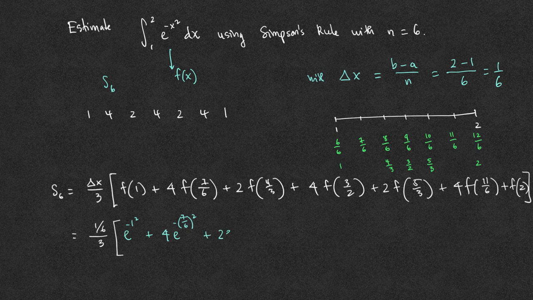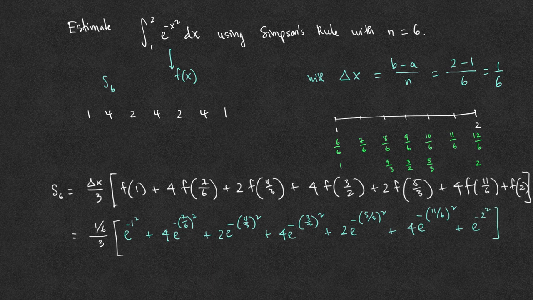Plus 2e to the negative 4 over 3 squared, plus 4e to the negative 3 over 2 squared, plus 2e to the negative 5 over 3 squared, plus 4e to the negative 11 over 6 squared, plus 1e to the negative 2 squared.